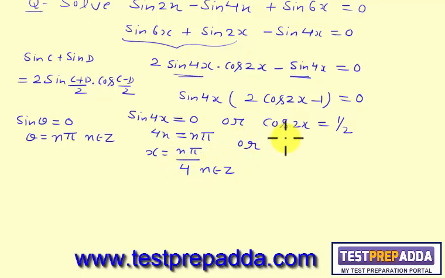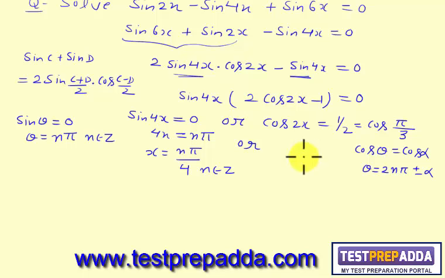Or if I write cos 2x is equal to half, recall for cos theta equal to cos alpha, the standard solution is theta equal to 2n pi plus minus alpha. So here I can write this half as cos pi by 3.